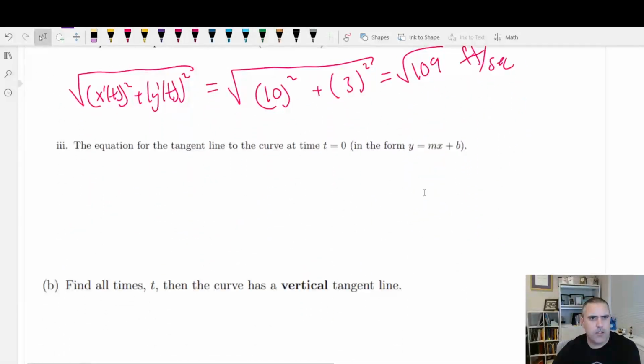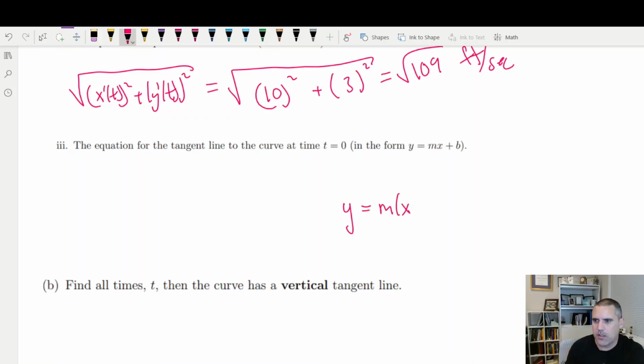Let's keep going. Find the equation of the tangent line to the curve. Okay, so the moment it says that, you're trying to give the equation for a line. Now, in general, the equation for the line, especially when you're doing calculus, is usually easiest to write in this form. If you want mx plus b, you can just expand. But you're looking for x, y, and slope.